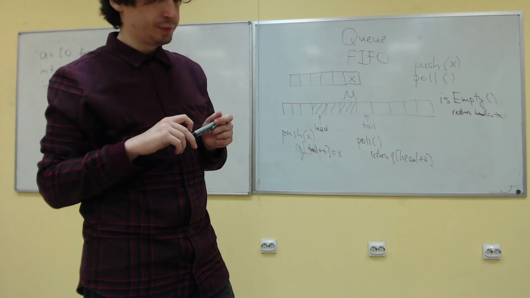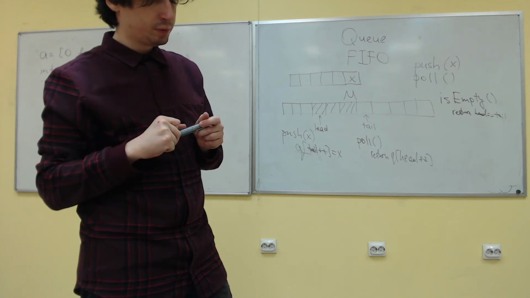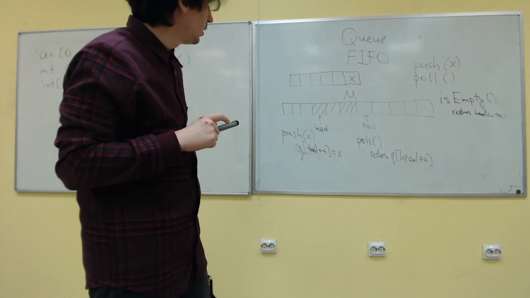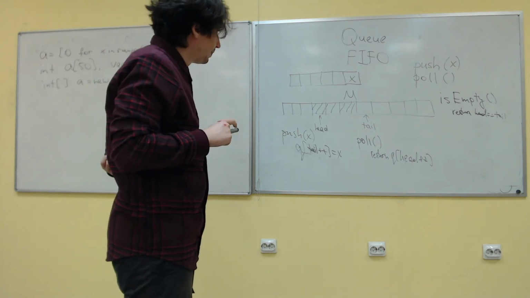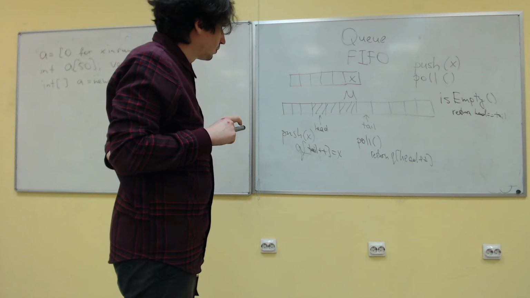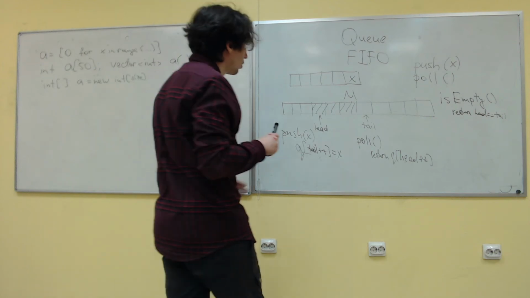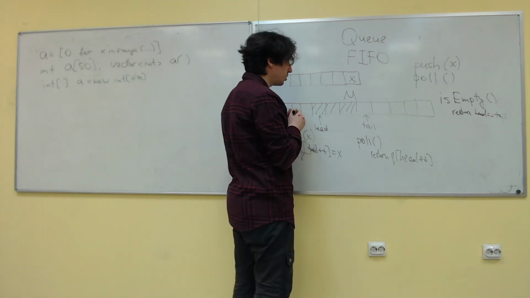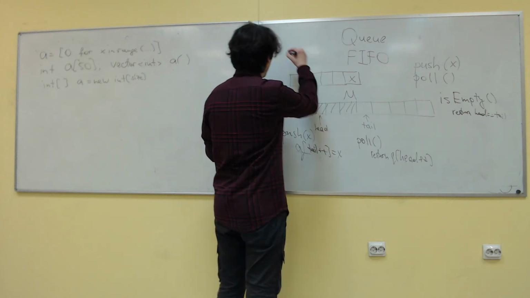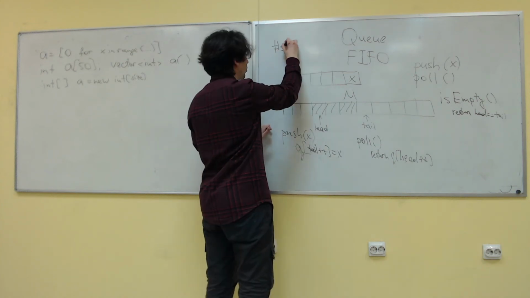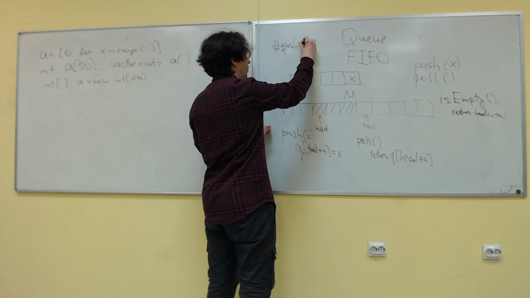Actually, the question is still not very clear. Yes, we should store the queue in the array. You're storing the queue in the array, but you know that the number of push operations is much bigger than m.